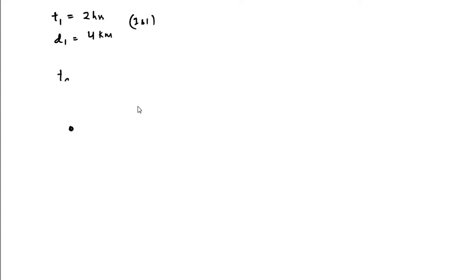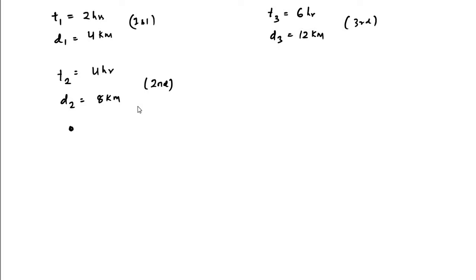Then in the next 2 hours, that is from 2 to 4 hours, the distance is, let's say, 8 kilometers. This is the second reading. Then the third reading is at 6 hours, again a 2 hour gap. The distance is, let's say, 12 kilometers.